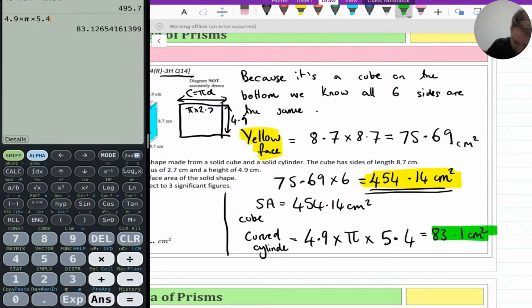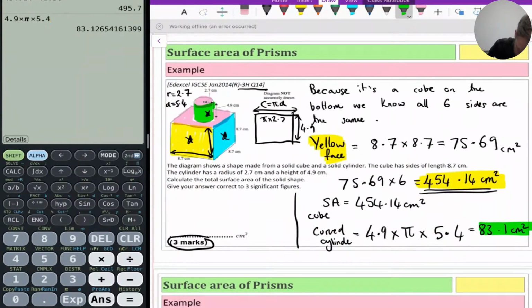And then I need to add these two together, don't I? So that's going to be 454.14 plus 83.1.